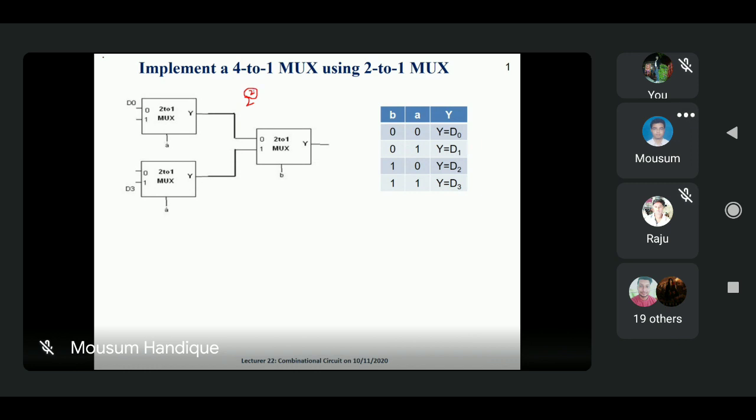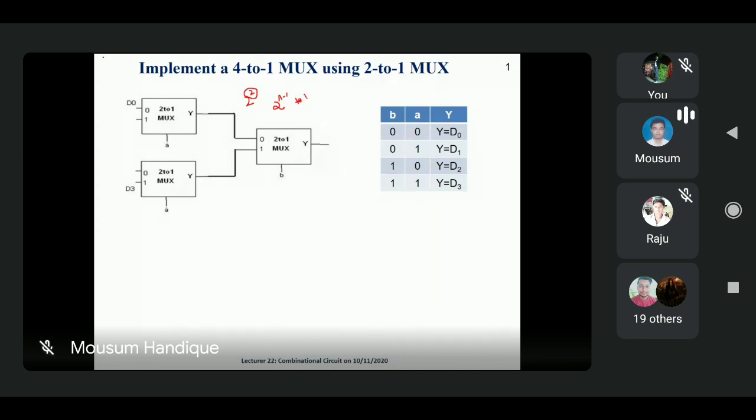Are you getting my point? Generally it is 2 to the power n to 1 mux.